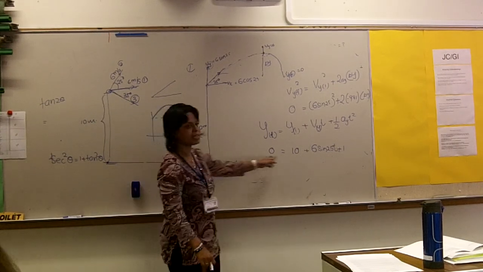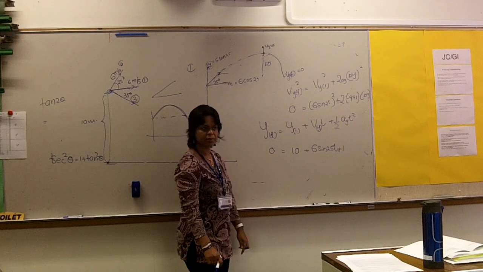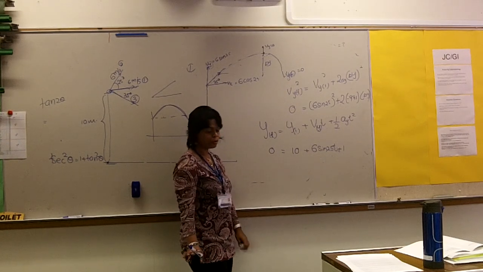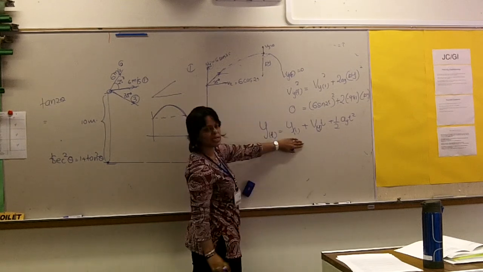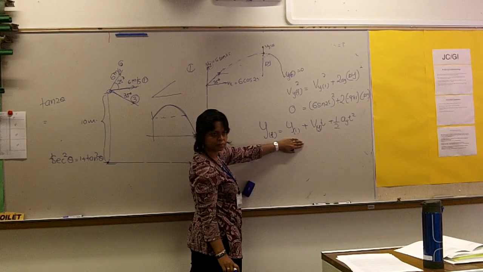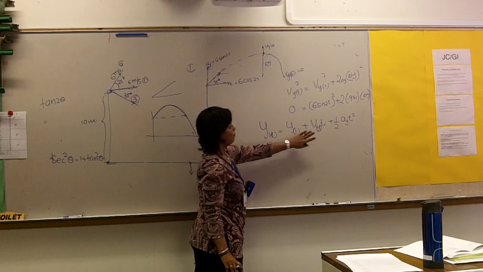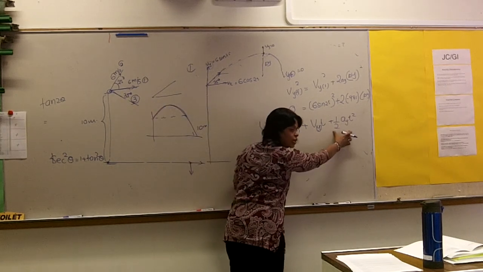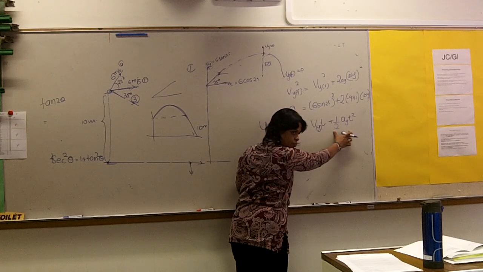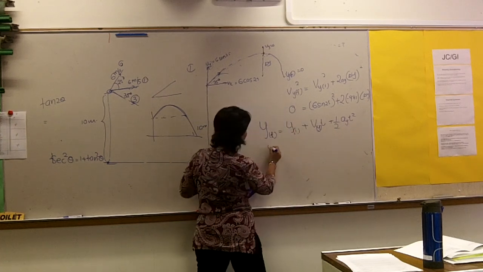So you can find the x direction already, right? Do you understand why I use this? Because we have 10 meters here, but this is getting a quadratic equation.